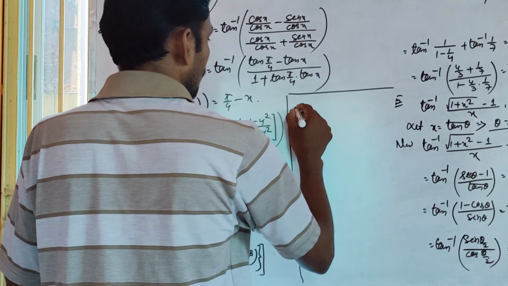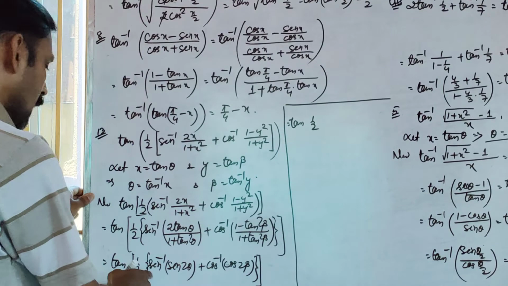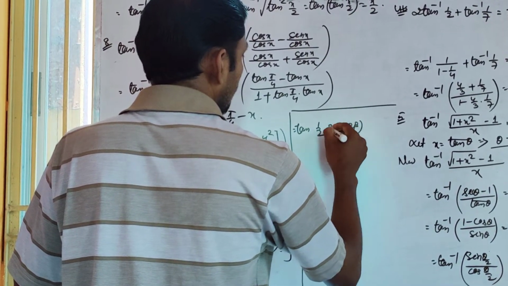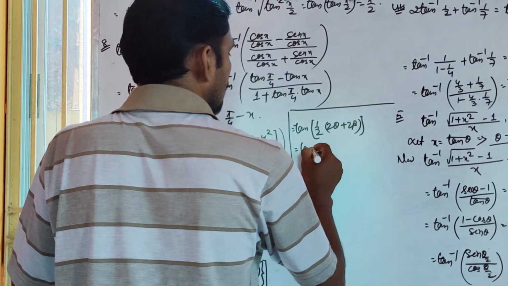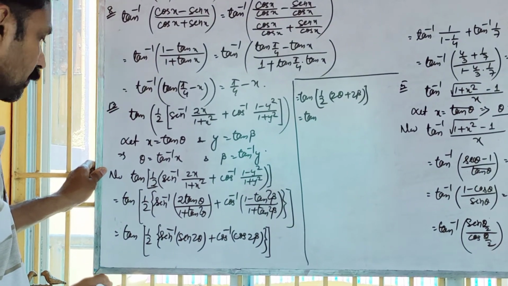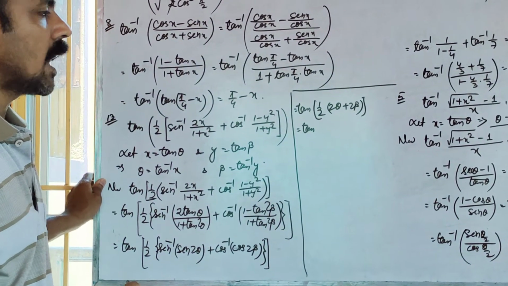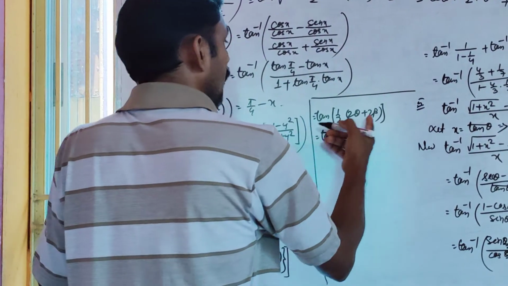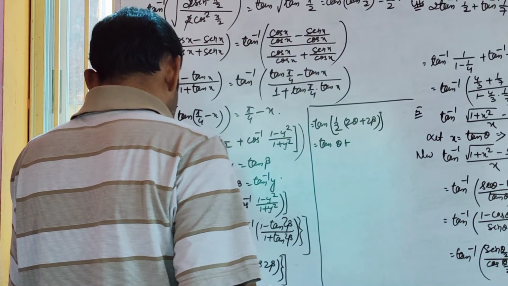This is equal to tan half of 2 theta plus 2 beta. The half is actually common, so it is theta plus beta.